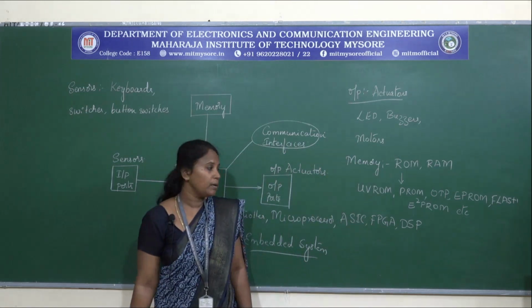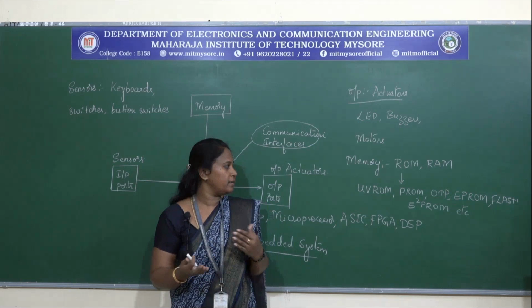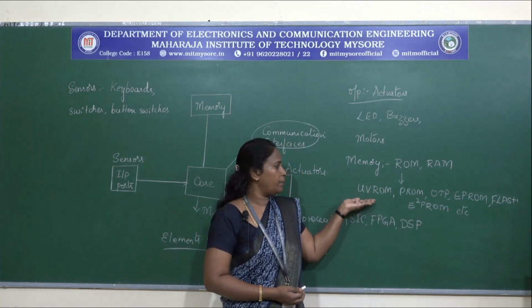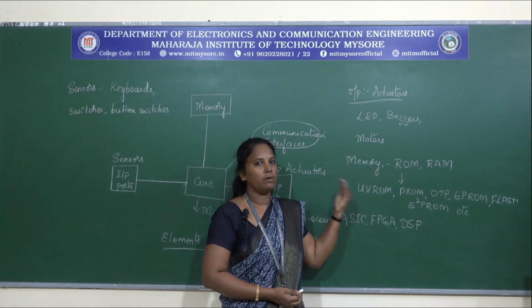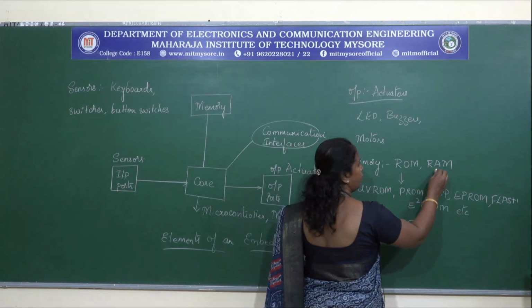That depends upon what type of application your embedded system has been designed for. So you can choose any one of these types of ROM depending upon whether you require a volatile or a non-volatile memory.